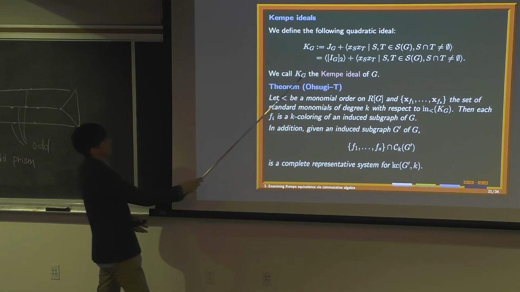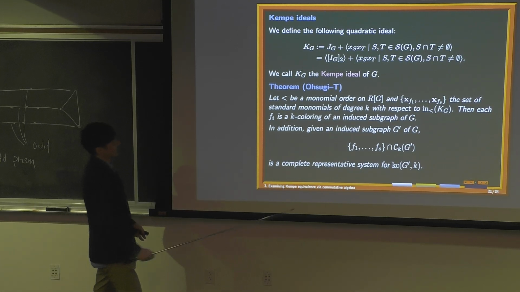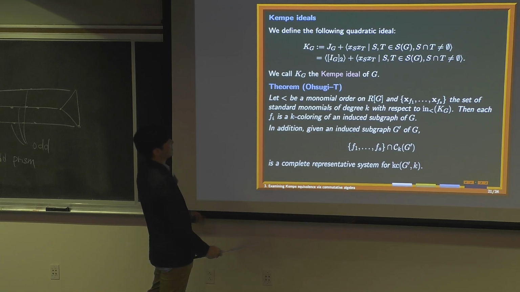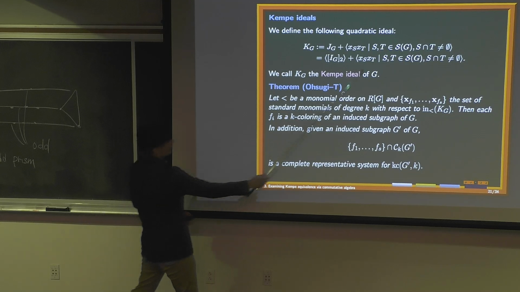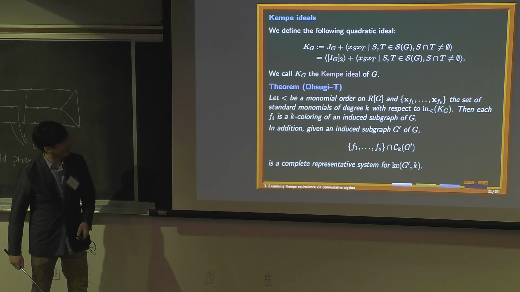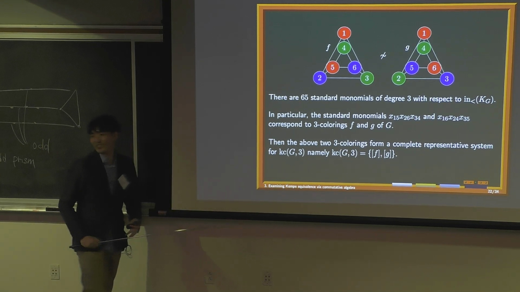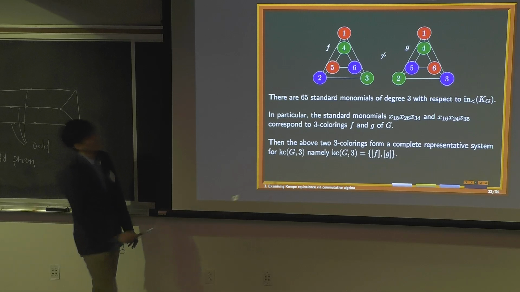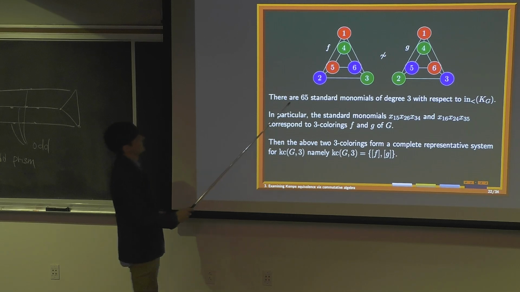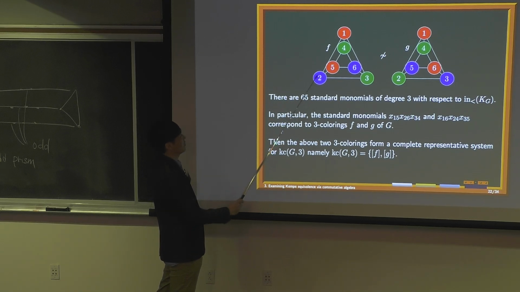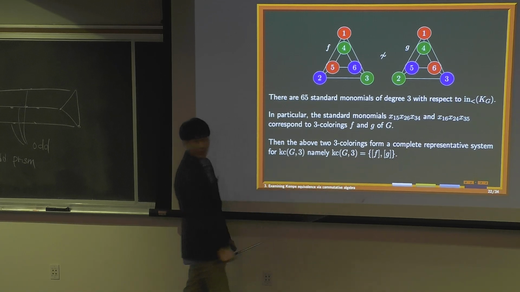By using this Kempe ideal, we can compute KCGK, namely we can compute the K-Kempe classes. This is the full statement, but I think this example helps you to understand this theorem. We consider this graph, then we compute standard monomials of this stable set ideal with some monomial order.